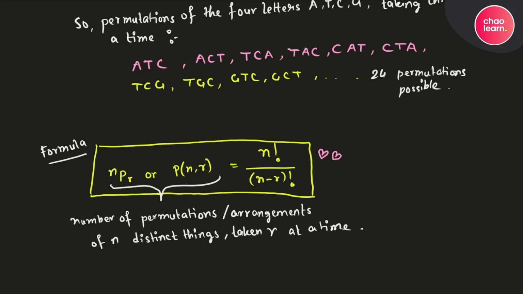So what this says is that if you have n objects, you are selecting r objects out of them and you are rearranging them. In that case, nPr, the number of arrangements of n distinct things taken r at a time, is given by n factorial upon n minus r factorial.